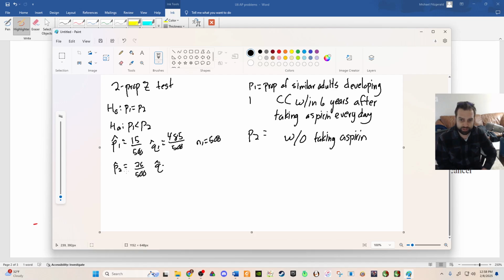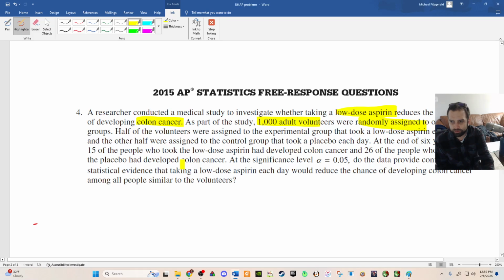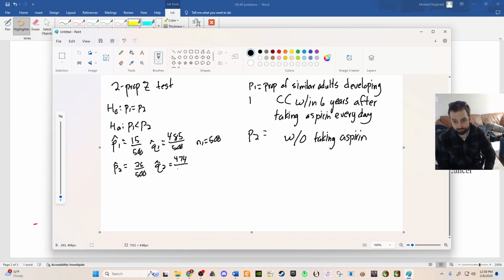That means my q hat 2, those in the placebo group who did not get aspirin, is going to be 474 over 500. This also has a sample size. And we're testing this at the alpha level of 0.05.